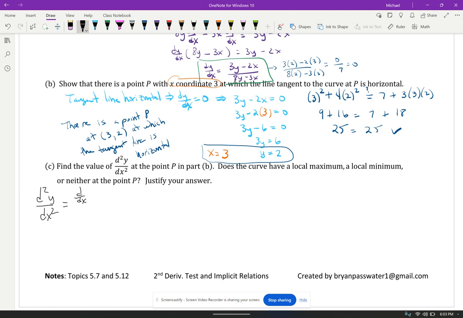I'm going to write down what I need, right? I'm going to take the derivative of the top, the numerator, times the bottom, the denominator, minus the derivative of the bottom, times the numerator, the top, all over the bottom squared.